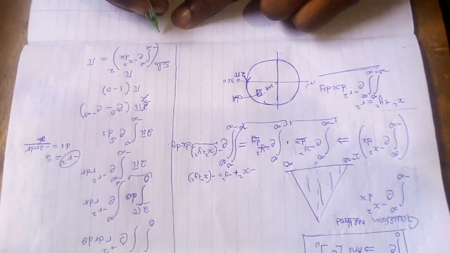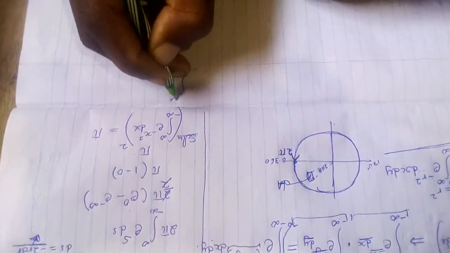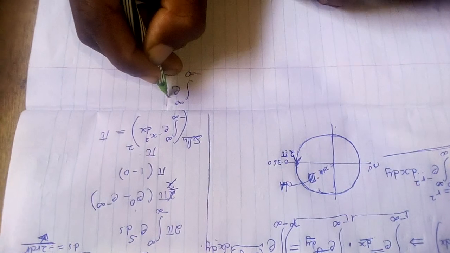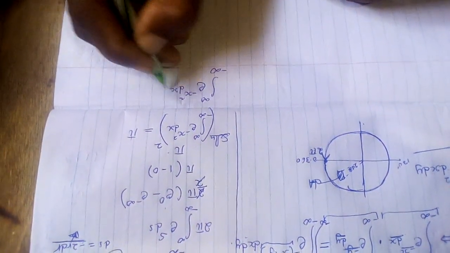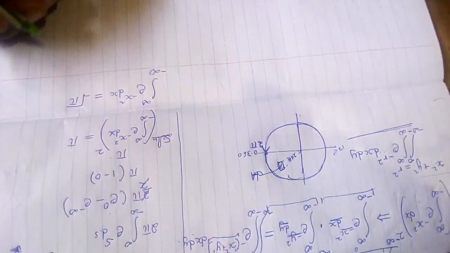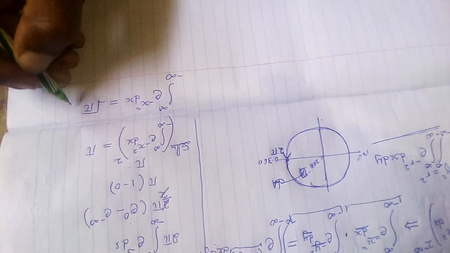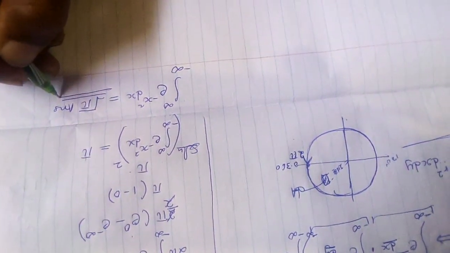So our solution will be that the integral from negative infinity to infinity of exponential negative x squared dx is equal to the square root of pi, and that's our answer for this equation.